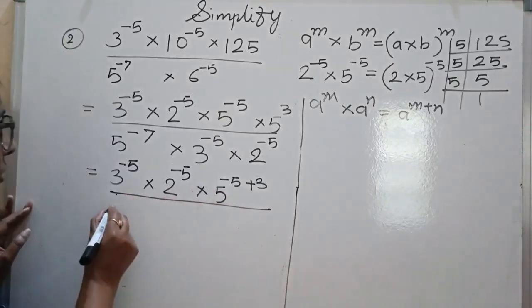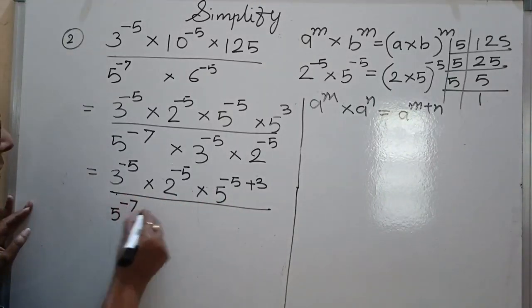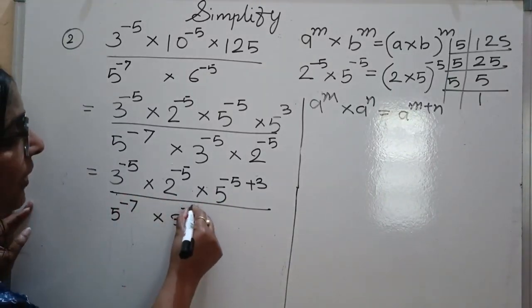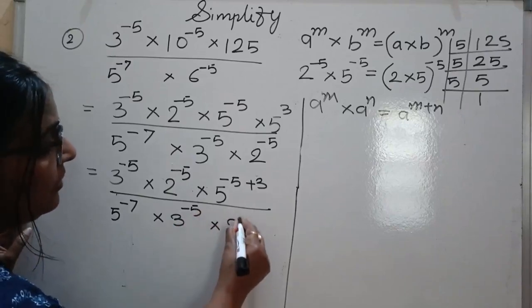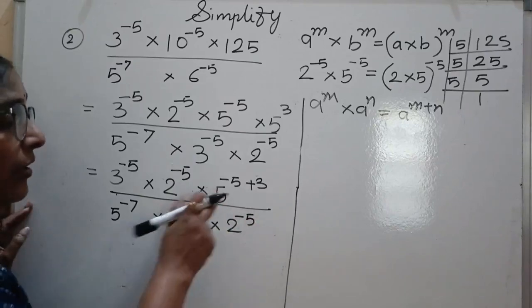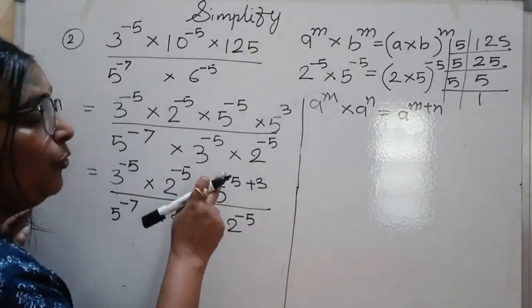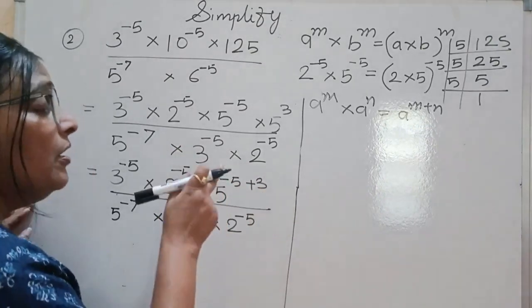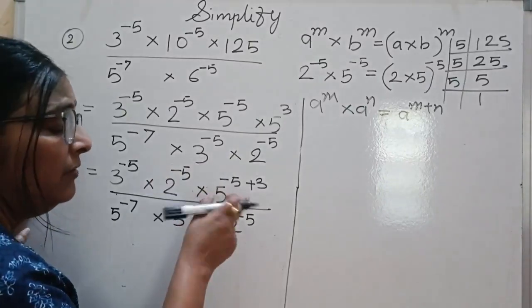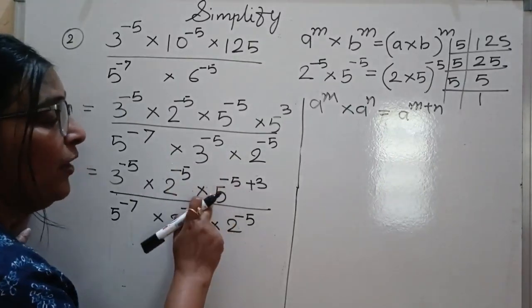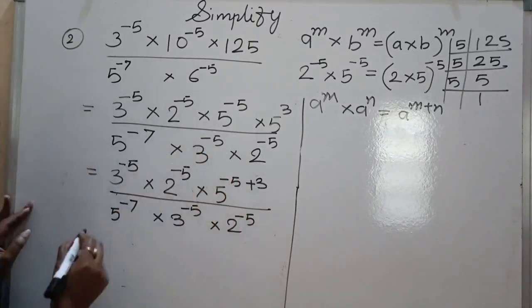In denominator, 5 raised to minus 7 into 3 raised to minus 5 into 2 raised to minus 5. Now here opposite signs are there, therefore you are subtracting. Therefore 5 minus 3 is 2. Keep bigger number sign minus, therefore minus 2. 5 raised to minus 2.